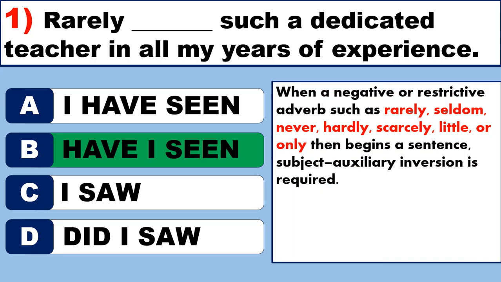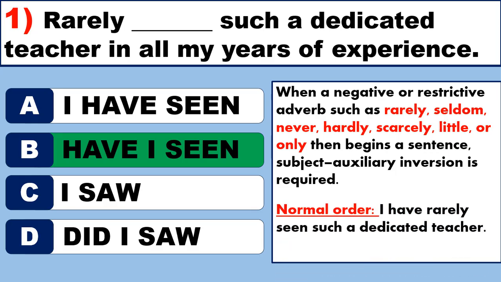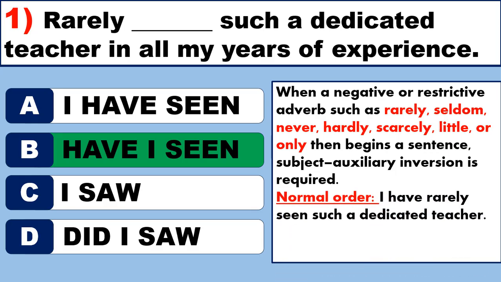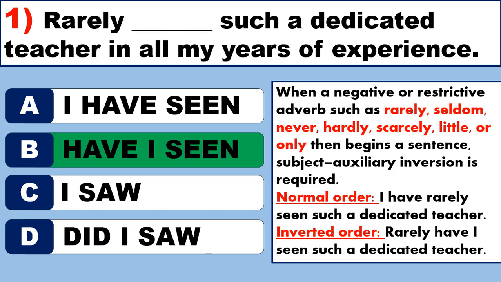When a negative or restrictive adverb such as rarely, seldom, never, hardly, scarcely, little, or only begins a sentence, subject-auxiliary inversion is required. Have I seen instead of I have seen. The normal order is I have rarely seen such a dedicated teacher. But when you start with rarely: rarely have I seen such a dedicated teacher.